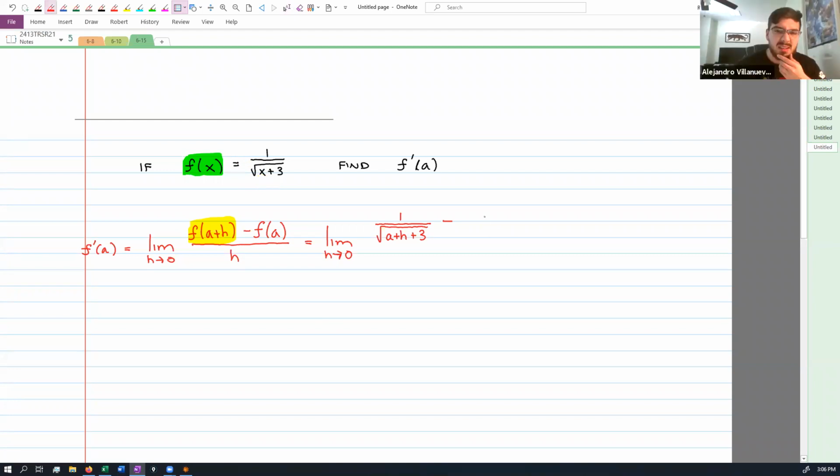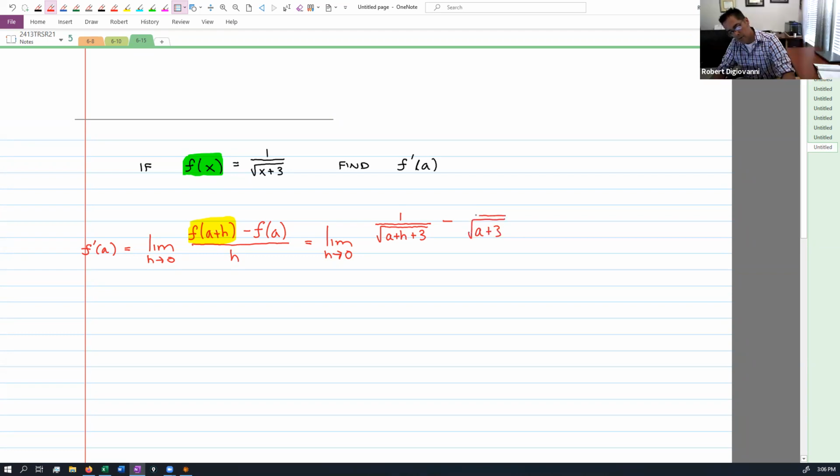It'd be the square root of a plus 3 on the bottom, and then up top, you'd have 1, right? 1 over that? Yes. I don't like the way I wrote that. 1 over the square root of a plus 3. Then everything here divided by h.